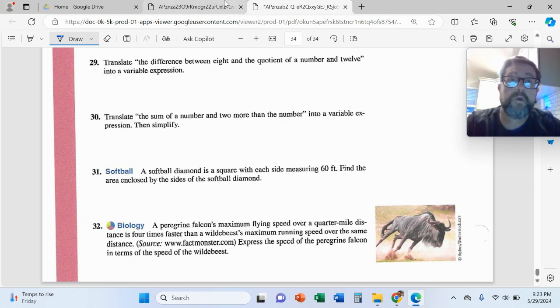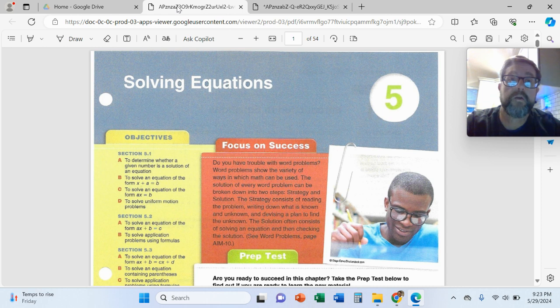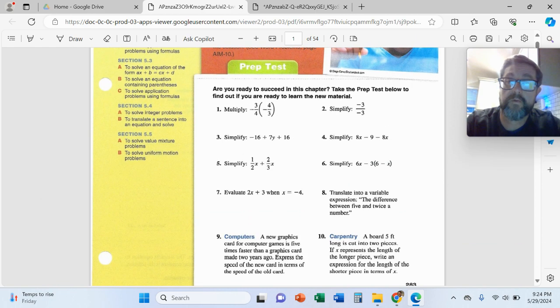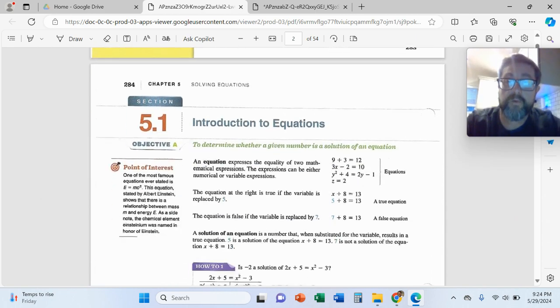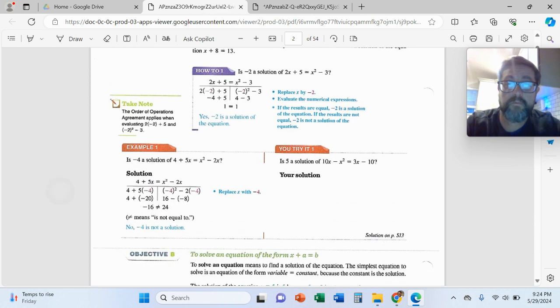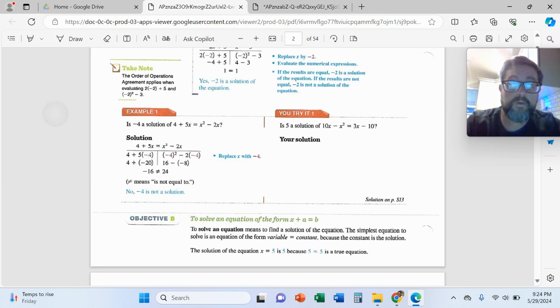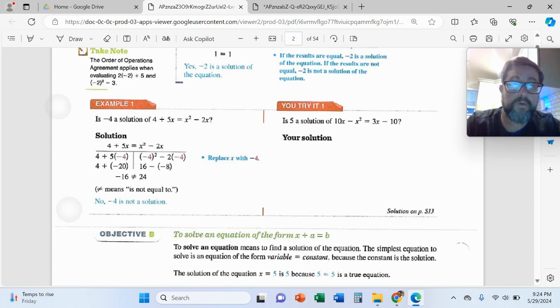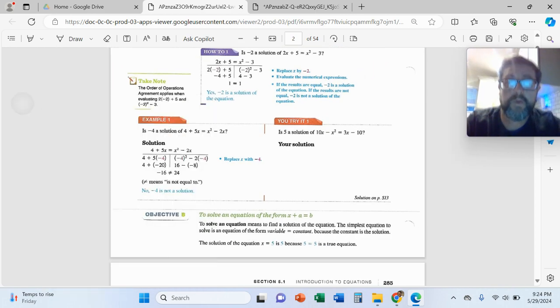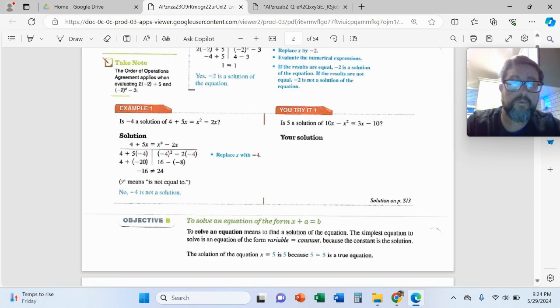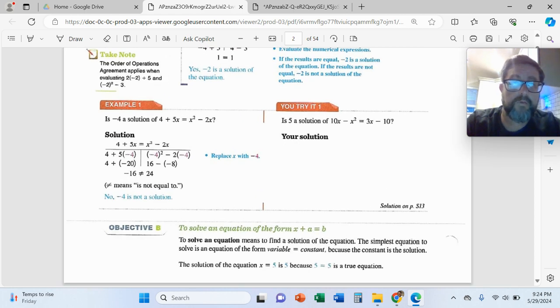Now I'm going to give you guys a sneak peek at chapter 5, solving equations. Now we're going to be learning how to solve an equation. It wants to know, is negative 4 a solution of 4 plus 5x equals x squared minus 2x?